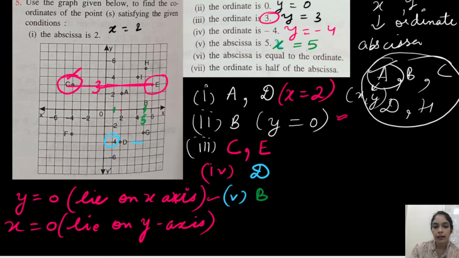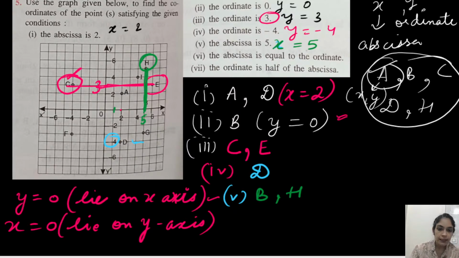If you see any other point also, you have to look just opposite to 5. Do you see any other alphabets? Yes, H is there, because this is 5. If you go straight, you just have to see straight. So you can see H is also there. The value of H also, if you see its abscissa, it is 5 only.